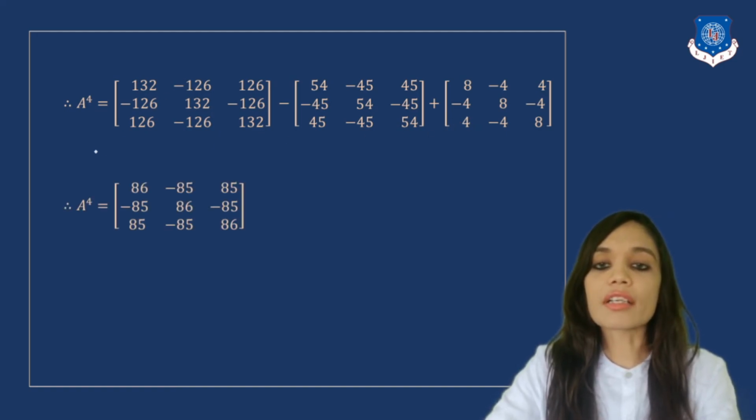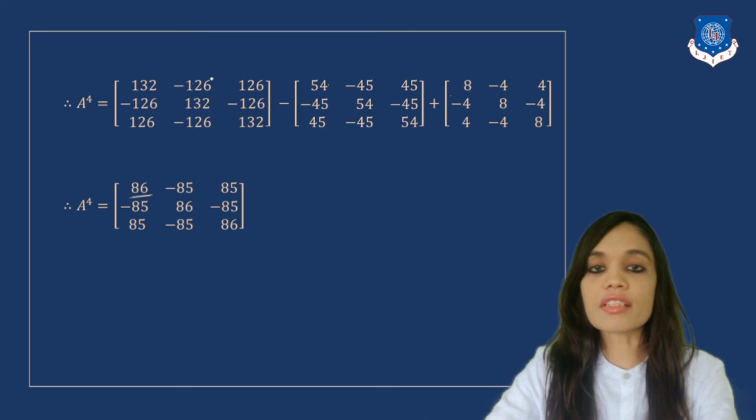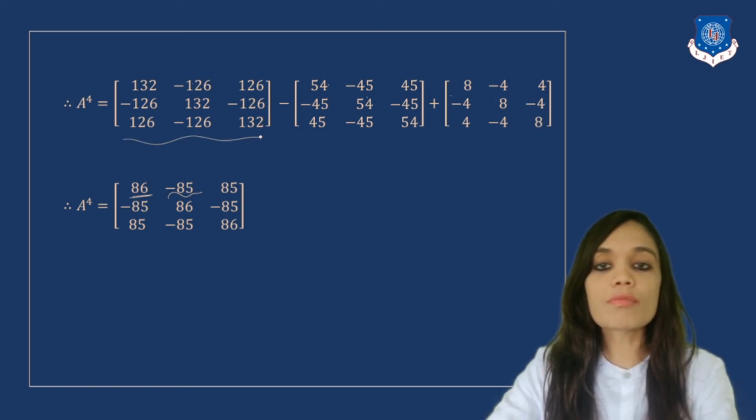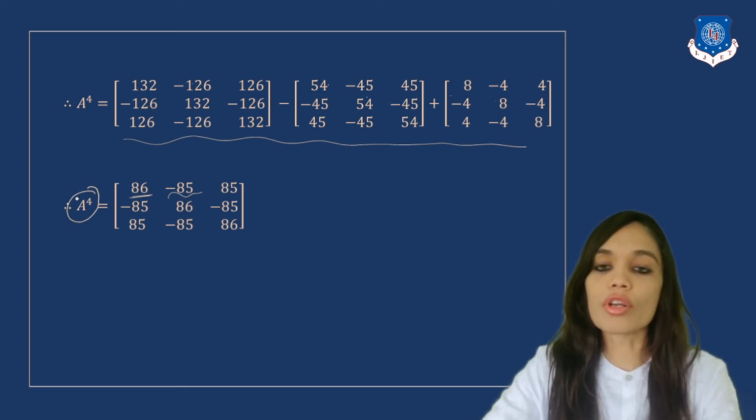So what you will get? 132 minus 54 plus 8. So you will get your answer as 86. Similarly, minus 26 plus 45 minus 4. So you will get your answer as minus 85. Similarly, simplify all the terms of these three matrices and you will get your answer of A raised to 4.